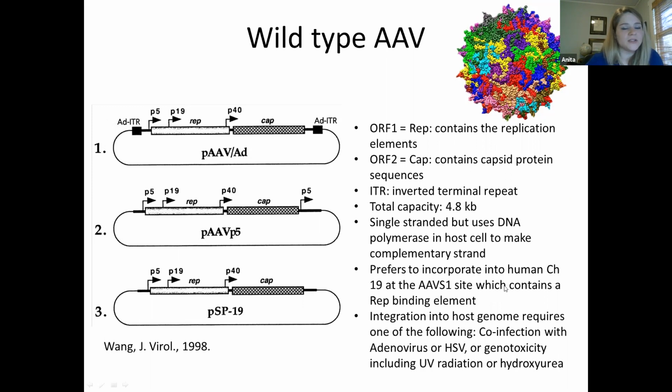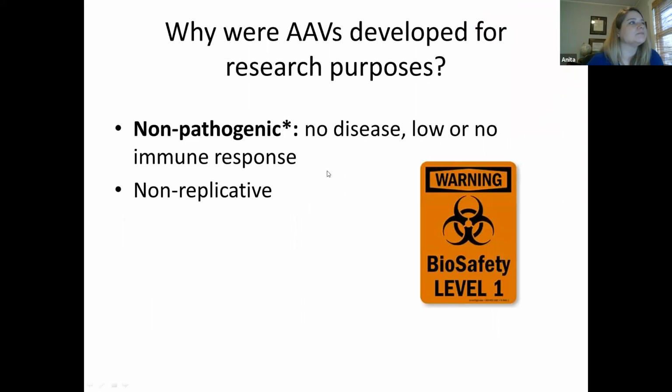Retroviruses randomly integrate. AAVs have an AAV site in human chromosome 19, which binds to rep, and that's how it integrates. So even when it does integrate, typically it's not random. We know where it's going, which can be pretty important when you're talking about expression of stuff in the body.